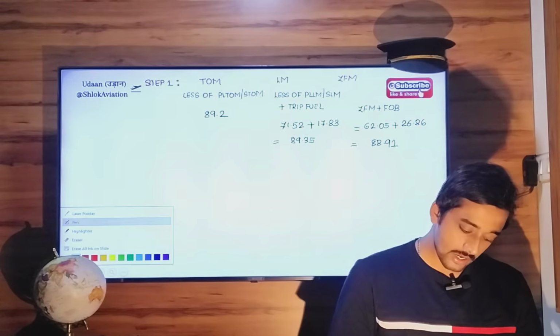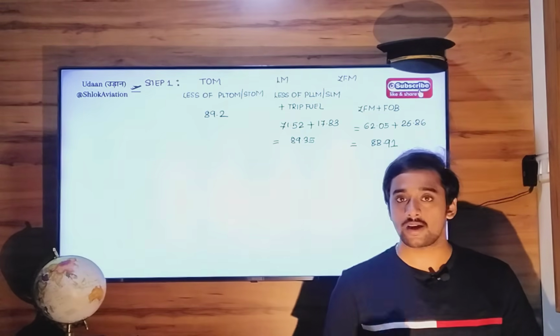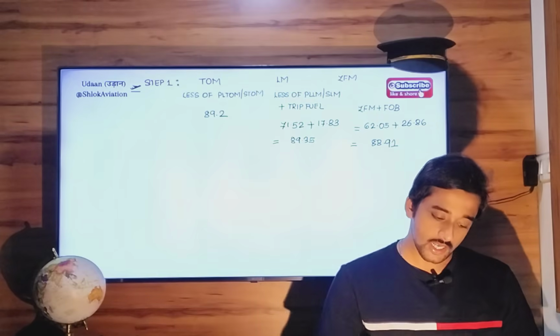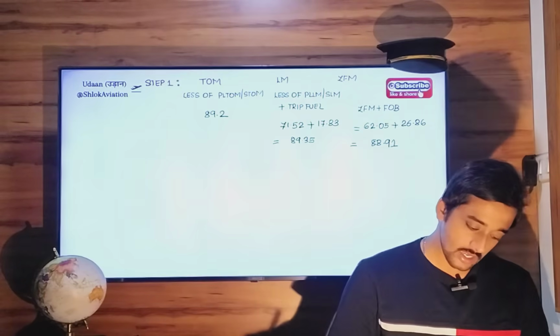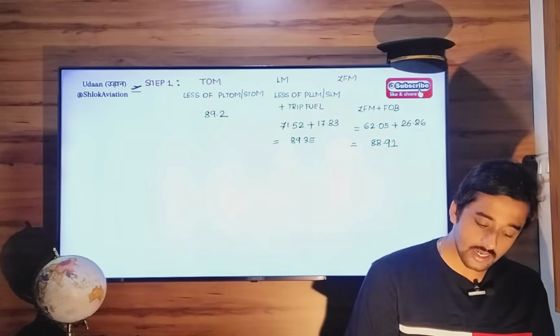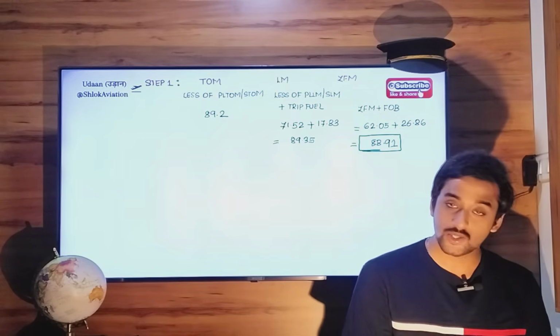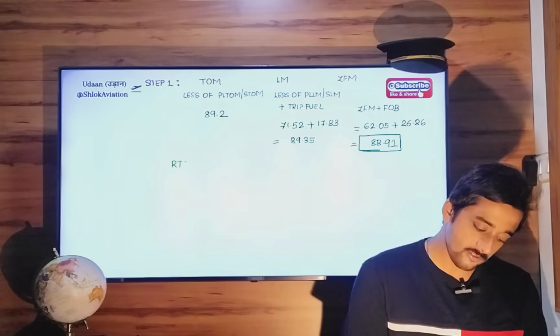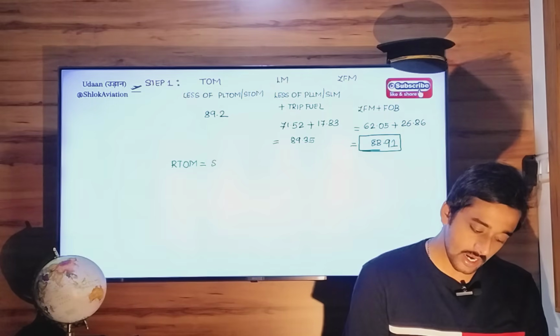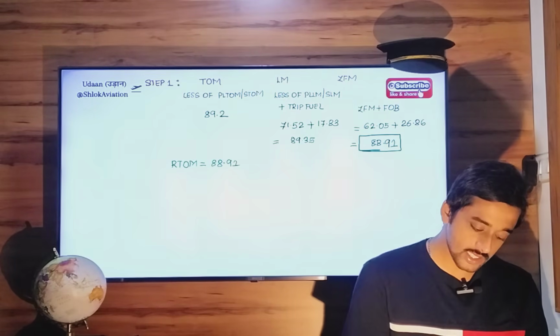Now out of these three takeoff values, you are going to select that takeoff value which is the least of all. So the least of all is 88.91. So now this becomes our regulated takeoff mass. Regulated takeoff mass 88.91.